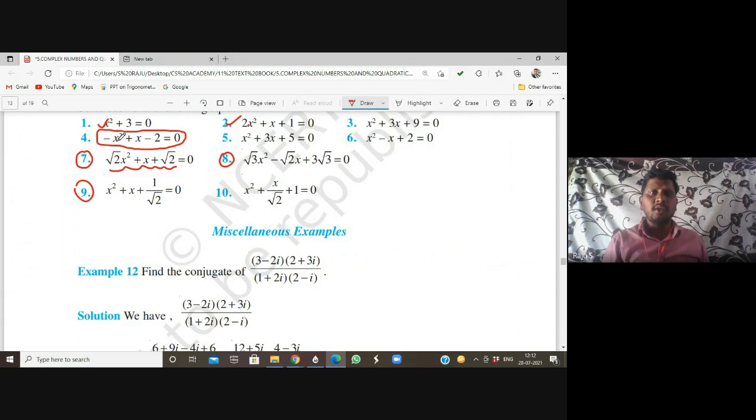But you may do it after taking LCM also, after taking minus common, so minus here plus. Like that also you can do. So my advice is in NCERT, you can do directly instead of taking minus common, instead of taking LCM here. It's better to do directly. Yes, clear.